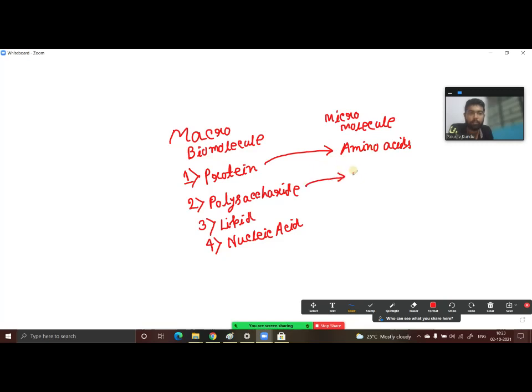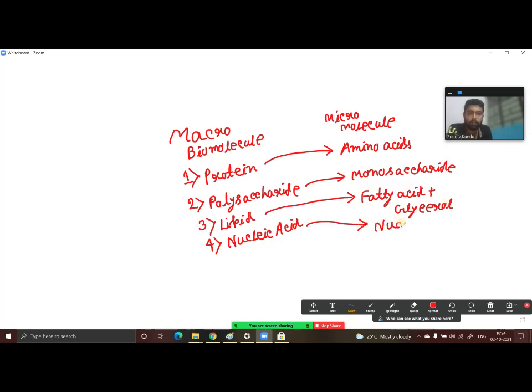For polysaccharides or carbohydrates, we will be finding monosaccharides. For lipids, we will be finding fatty acids plus glycerol. And for nucleic acid, we will be finding nucleotides. Okay, so one by one we will be focusing on different parts.